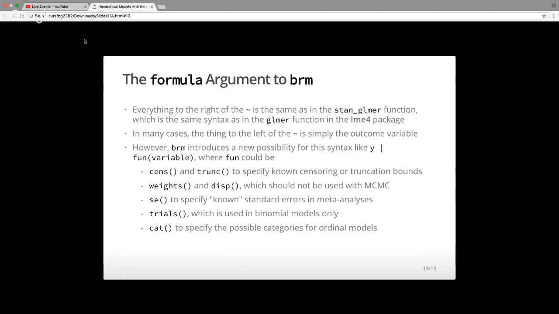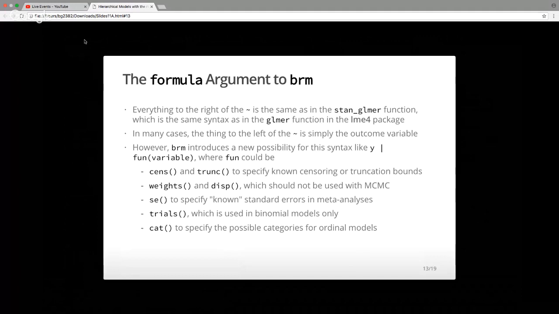So to the right of the first vertical bar and to the left of the tilde, you can have cens and trunc to indicate whether the outcome is censored or truncated. If you're doing meta-analysis, you can specify the standard errors of the underlying studies that you're meta-analyzing. If you're doing a binomial model, you can specify the number of trials.